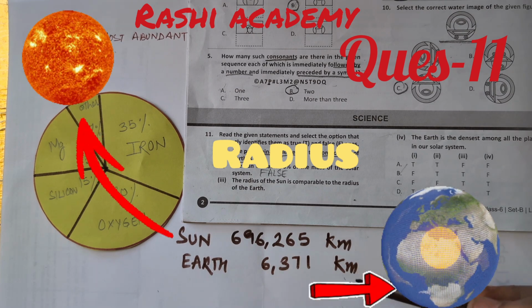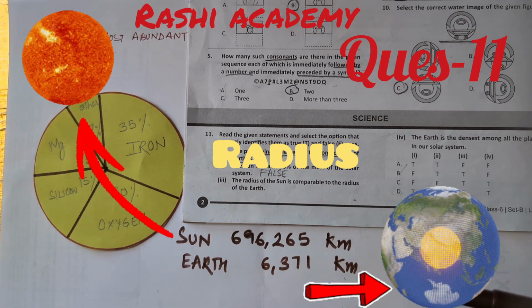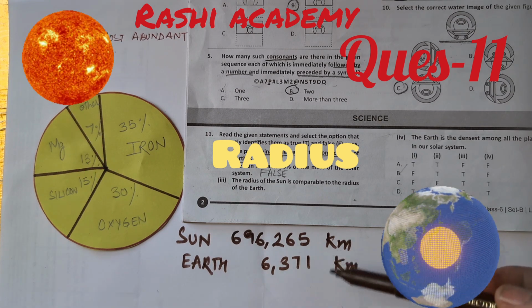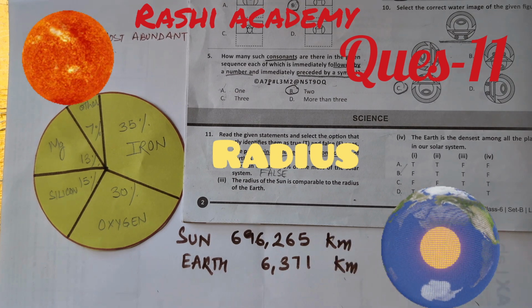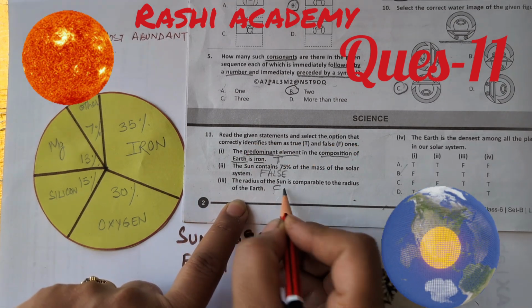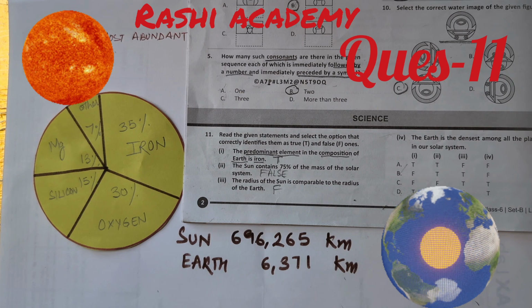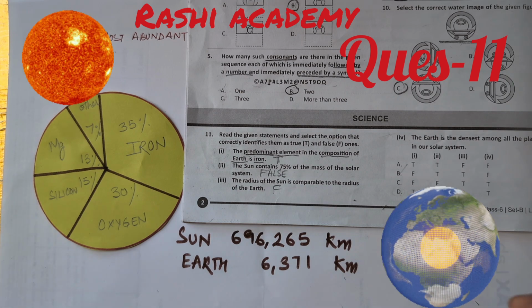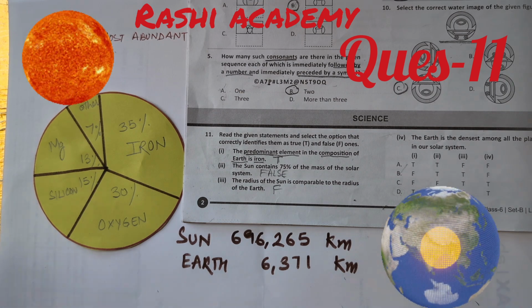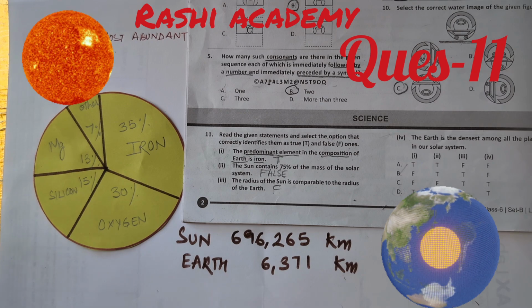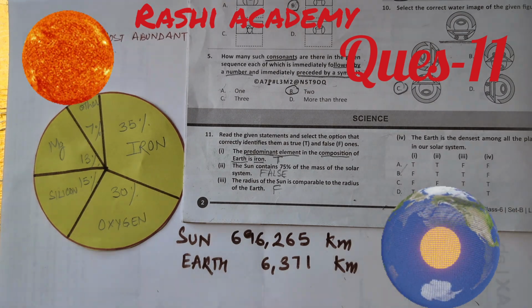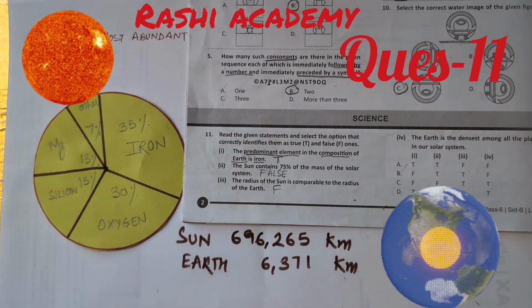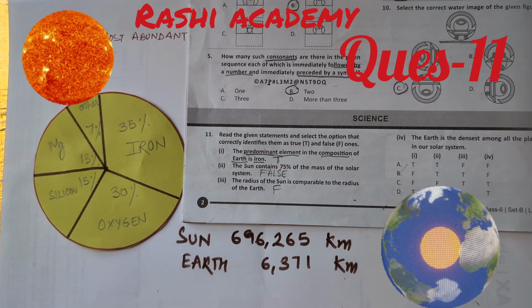So you can see how much difference it is. That's why it is not comparable, so this option is also false. One more thing: the volume of the sun is so huge that it can hold around 1 million Earths in it.